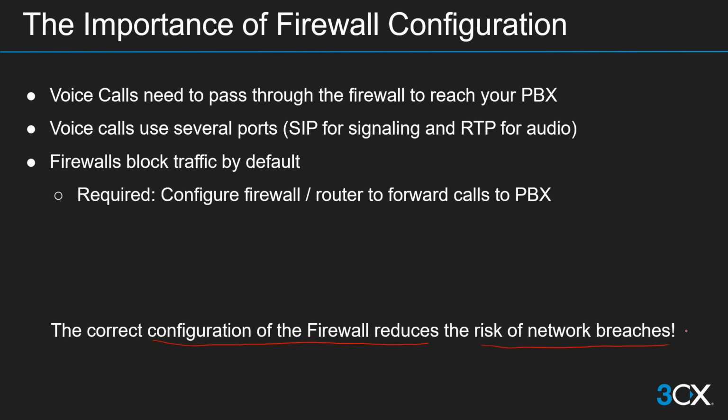Again, use a different port, for example, instead of 5060, use something else. It is the registration request that goes out from the phone system to the provider that defines where the provider sends the request back to.